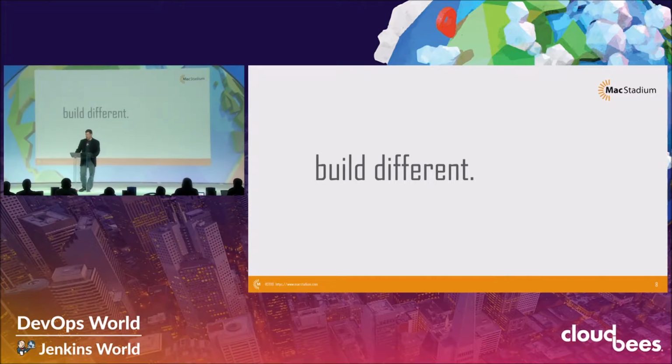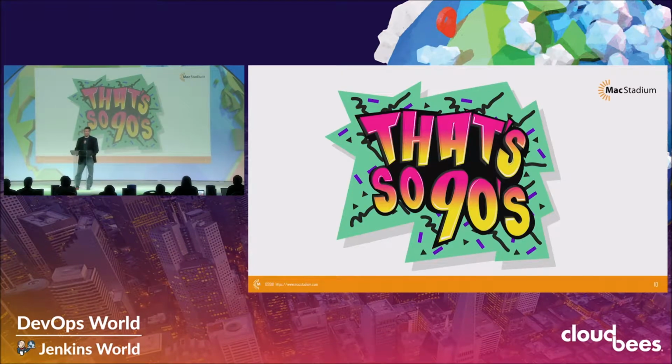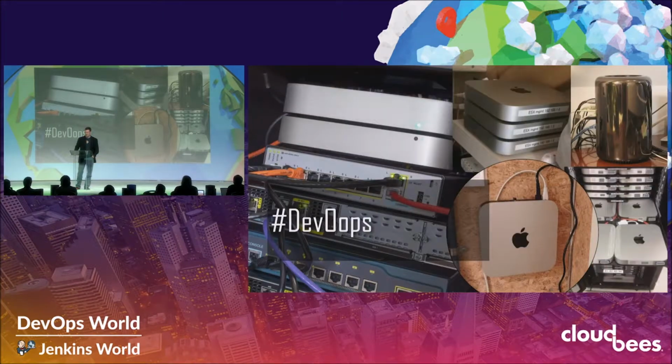When they say build different, unless you're a MacStadium customer, I bet you look like this, right? Everybody's got one hidden under their desk, squirreled away in a closet somewhere. That's so 90s, right? Physical servers, stuff that you have to maintain yourself. That's not the world we want to live in. To carry a theme forward from this morning, hashtag DevOps.